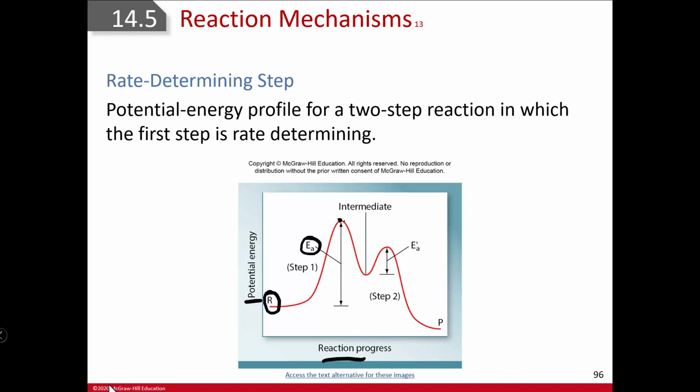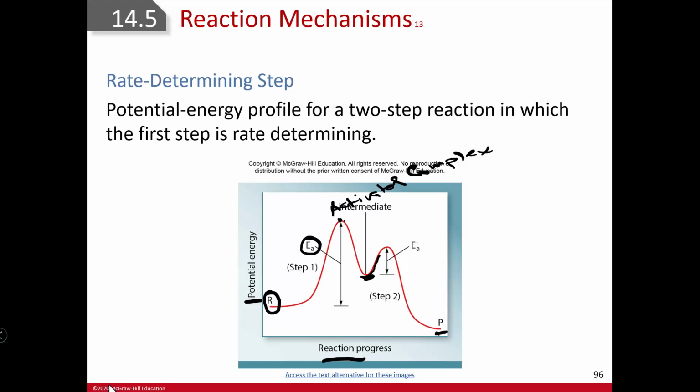And then once we get to the peak, we go down to here. So we go from activated complex, or transition state, which we talked about in the previous section, to forming an intermediate. That's this step here. Then the intermediate is consumed, and that gets us over the hump here to form the product.